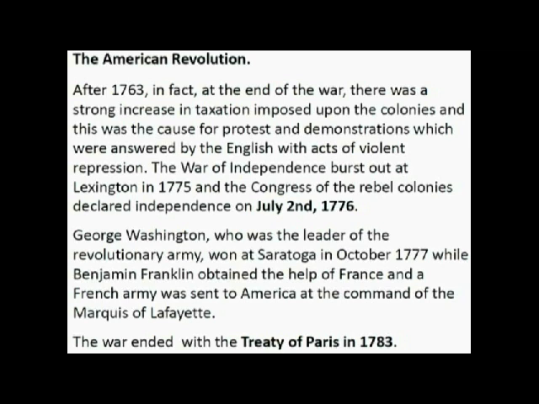We saw on July the 2nd, 1776, the rebel colonies in North America declared their independence from Britain. This was the first one. Then you know that there's the French Revolution, 1789.